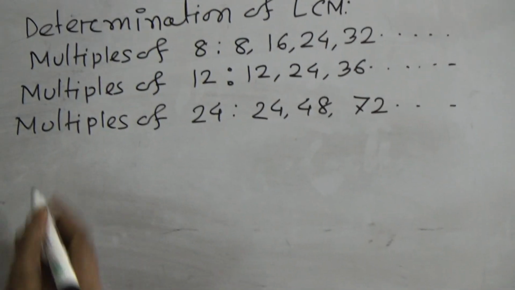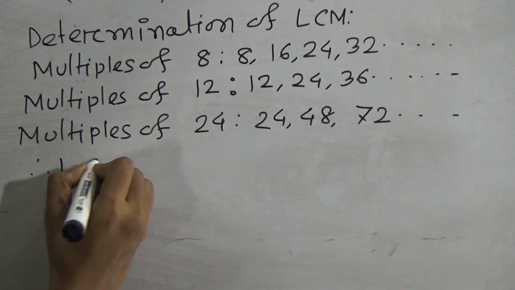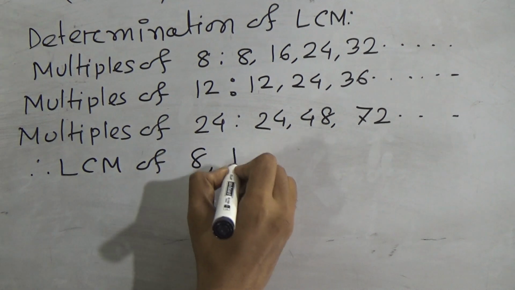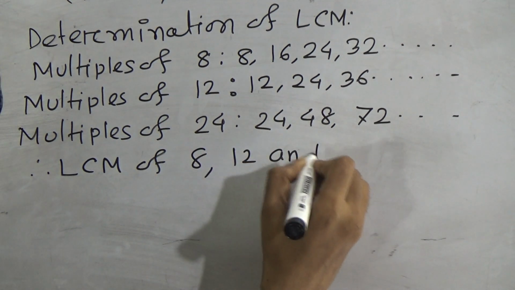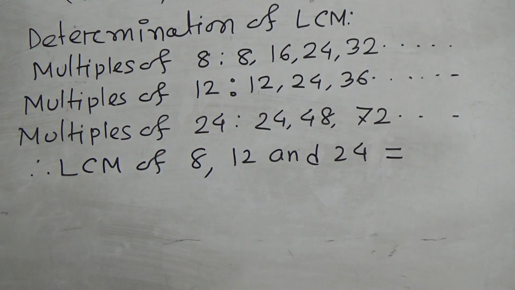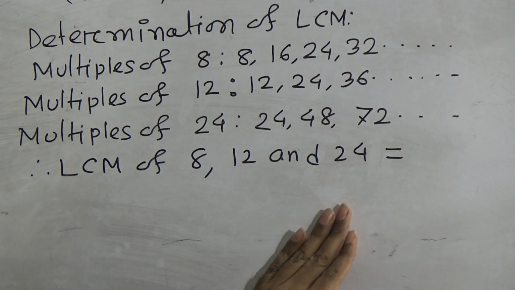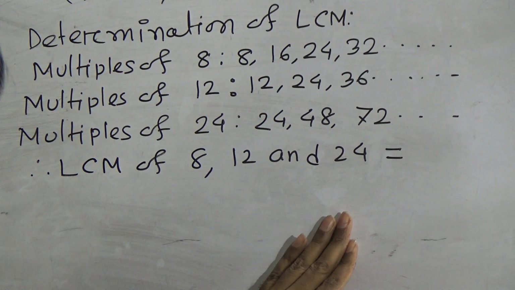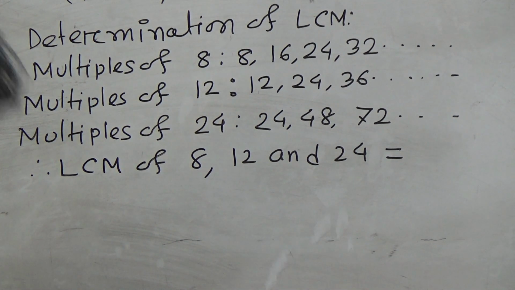Therefore the LCM of 8, 12 and 24. I told you what is meant by LCM. LCM means least common multiple or lowest common multiple. Student, see here which one is the lowest.